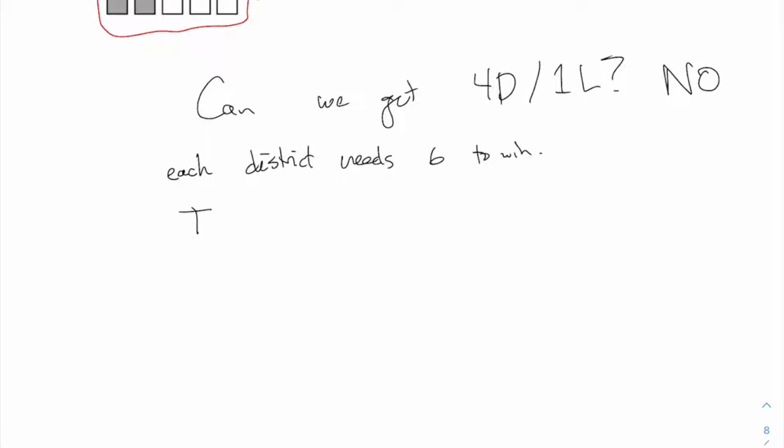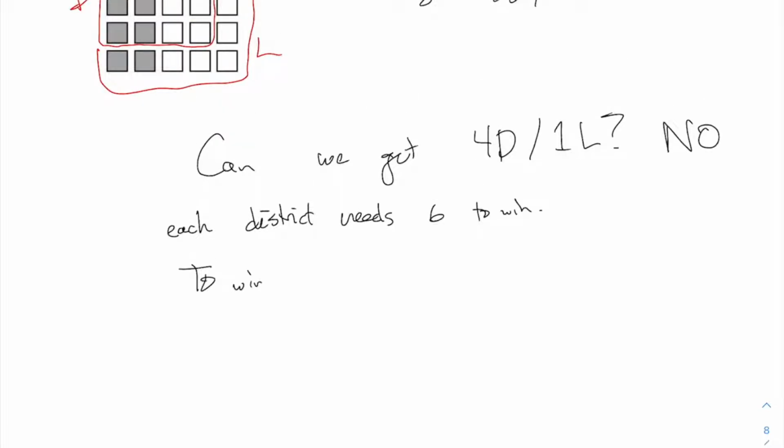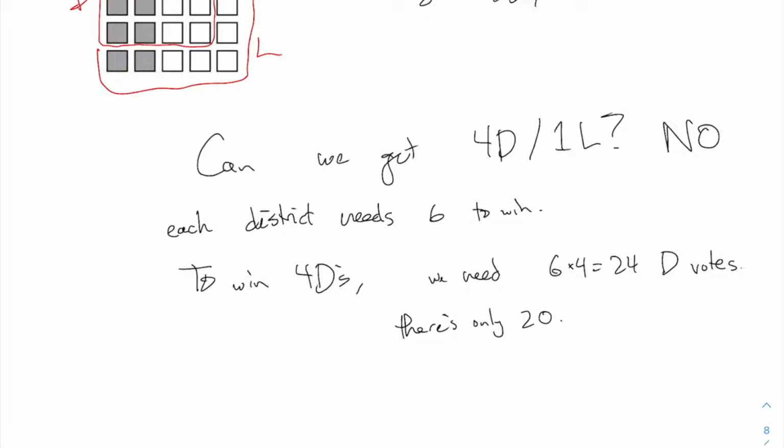So to win 4 Ds, we need at least 6 times 4, which is 24 D votes, and there aren't that many, right? There's only 20 of the D voters, and so that's why 4 Ds and 1 L is not possible. All right, so 4D and 1L is impossible.